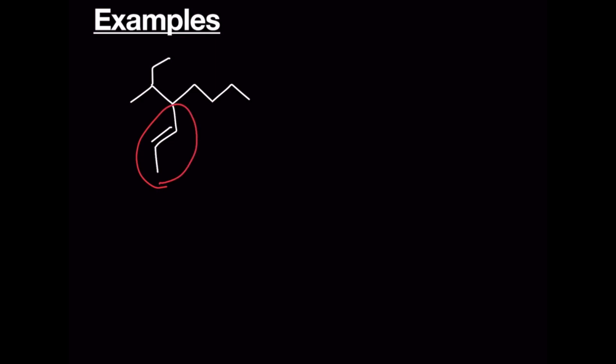So, if you go down, if you select this as your parent chain, then you will have 1, 2, 3, 4, 5, 6, 7, 8 atoms, but you will have a complex substituent. On the contrary, if you select this as your parent chain, then you are having 2 substituents.